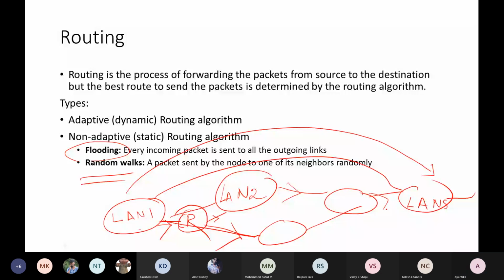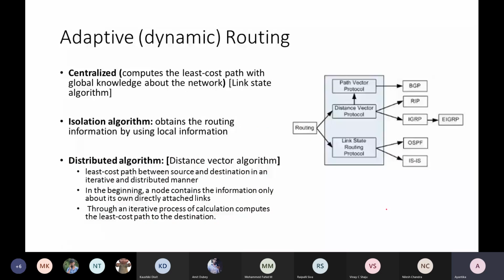Okay. So based on that, adaptive or dynamic routing can be classified into three broad categories. One is centralized, one is isolation based, and another is distributed.